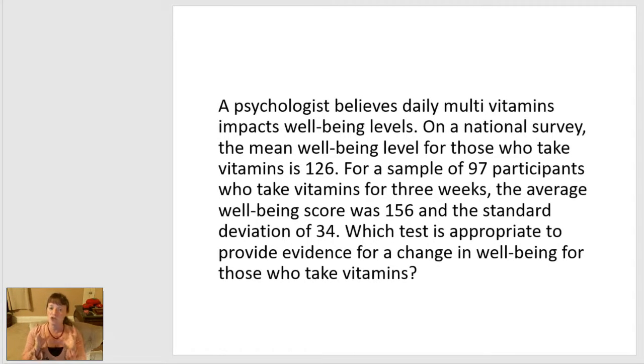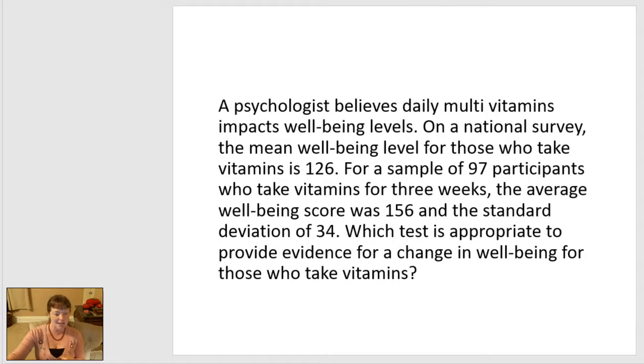So I have two versions of these lecture notes online. I have some without the answers, and I have some with the answers that I just went through just now, so that you can sort of test yourself. And I would encourage you to come up with your own research questions that you think fall into each of these different types of research scenarios.